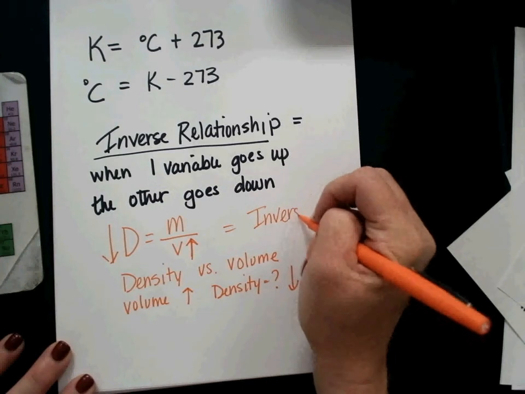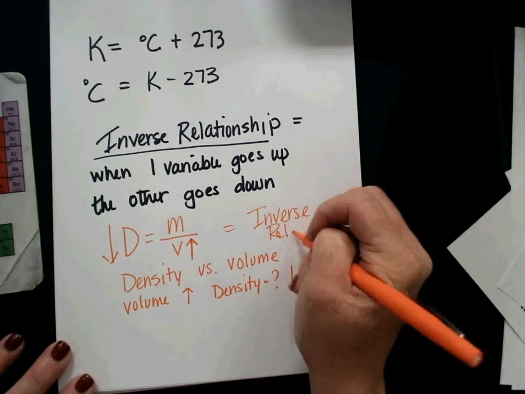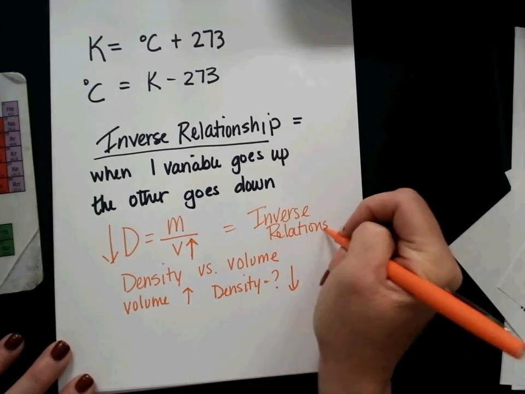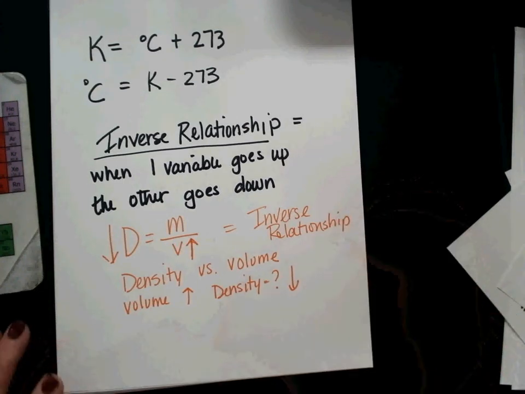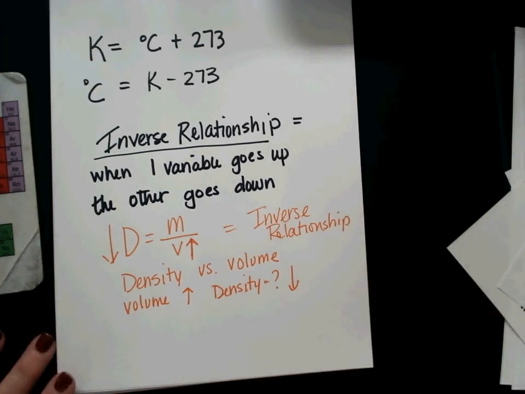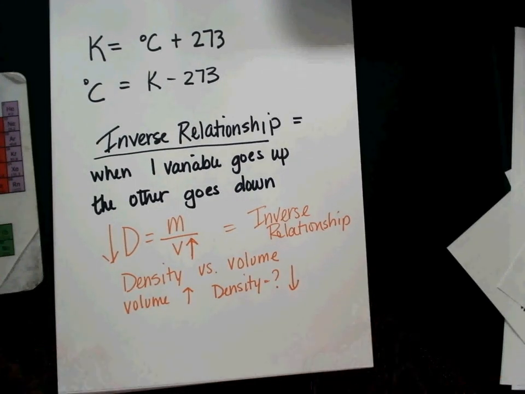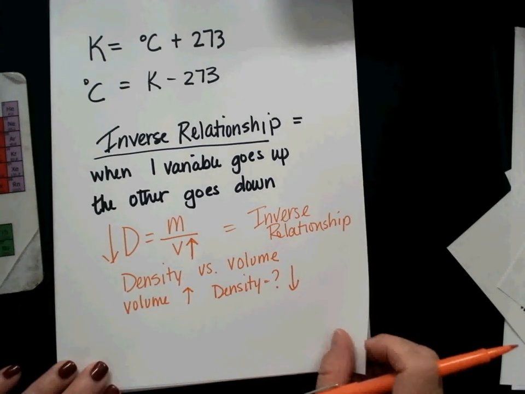That equals an inverse relationship. You see those in math sometimes in linear equations. You can figure out what the relationships are. Have you done that yet? You look at me like you don't even have a clue what I'm talking about. Okay, you'll hear it later then. So inverse, one variable goes up, the other one goes down.